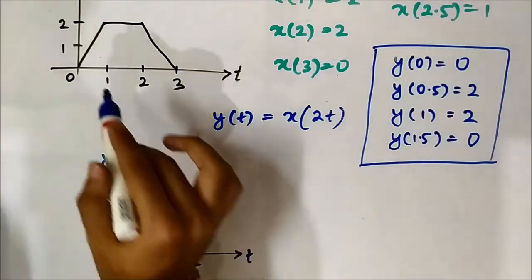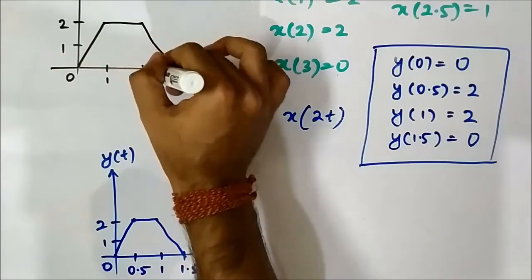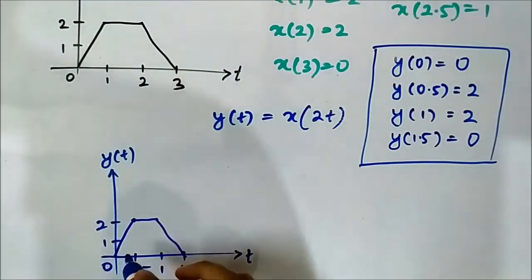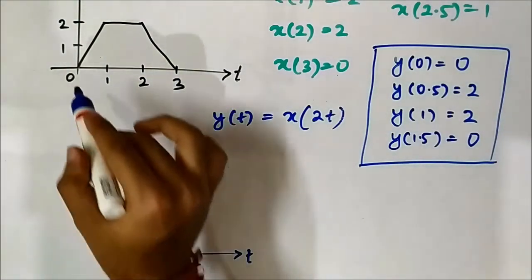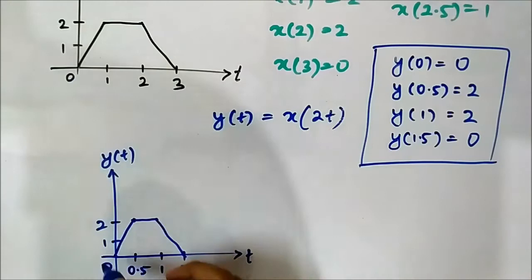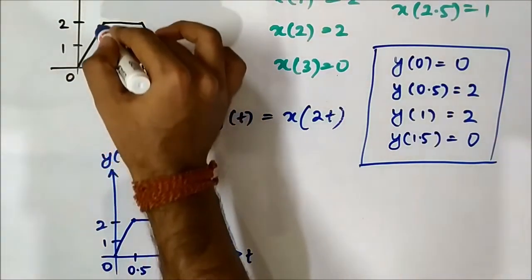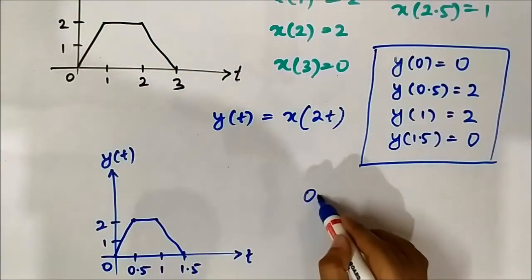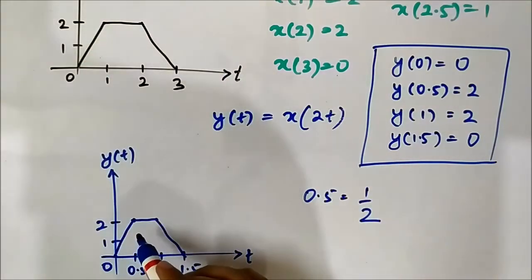So if you notice, the amplitude at each of these points in the reference signal, the same amplitude exists at half of these values. So here at 0 it was 0, so here also at 0 it is 0. Here at t equals 1, it is 2. Here at t equals 0.5, which is 1 by 2, that value is 2 here.